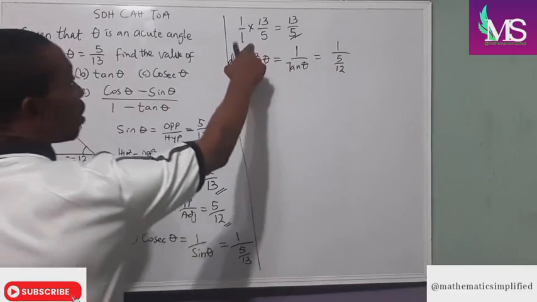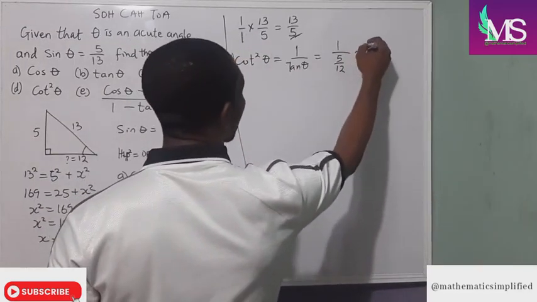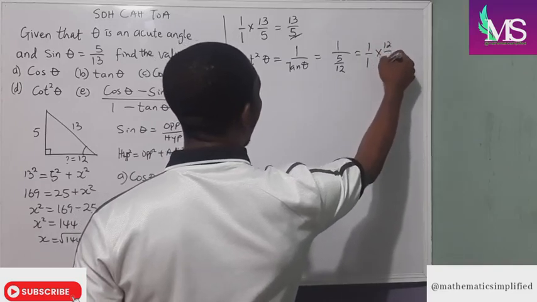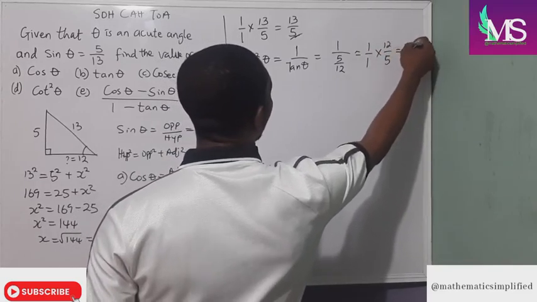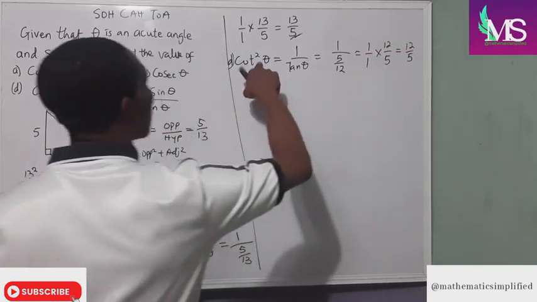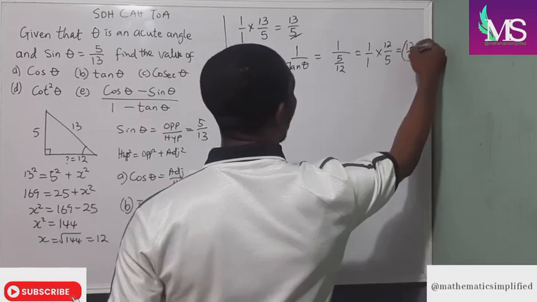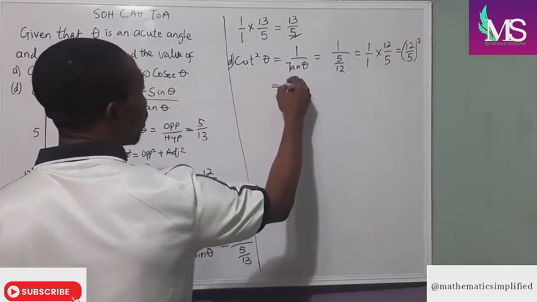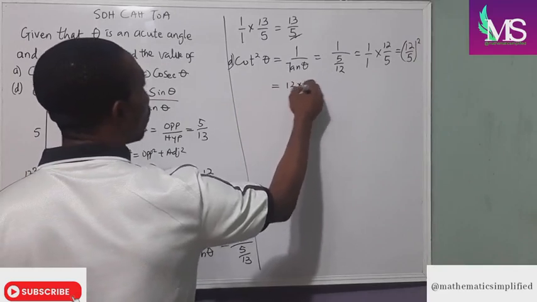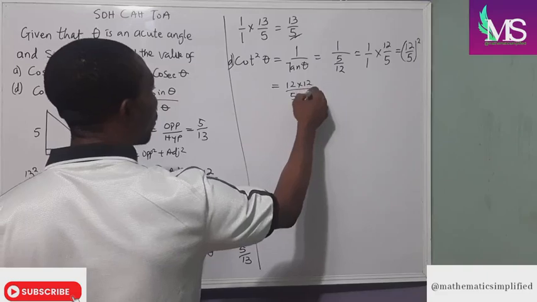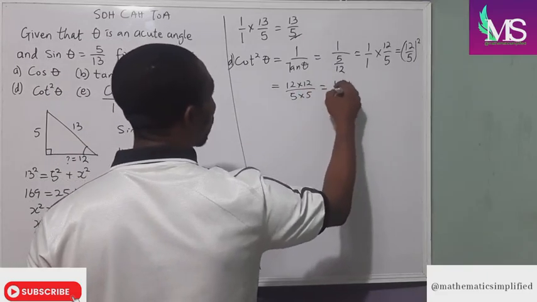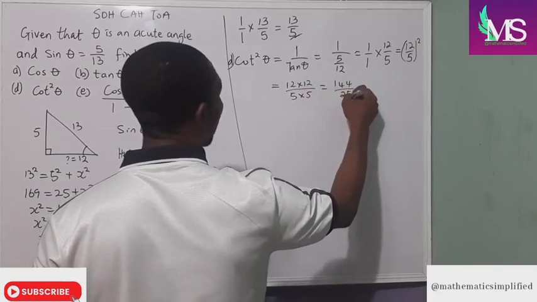Applying the same rule gives us 1 over 1 times 12 over 5, which gives us 12 over 5. But since it is squared, this will become 12 over 5 all squared. So 12 squared gives us 12 times 12 all over 5 times 5. 12 times 12 is 144 over 25.